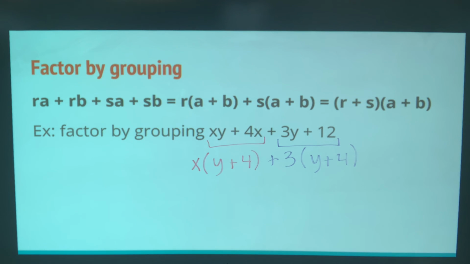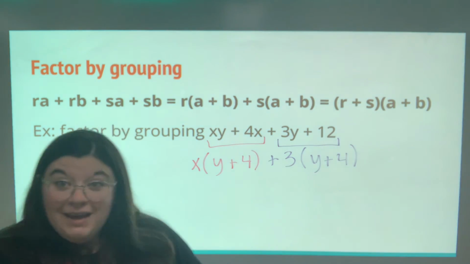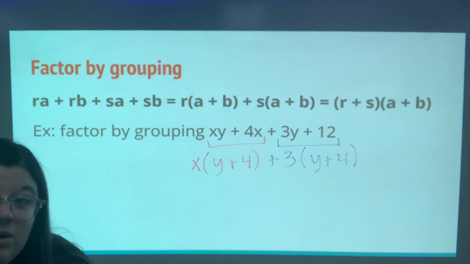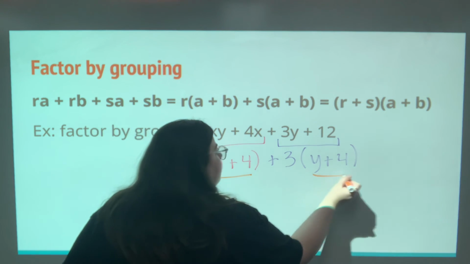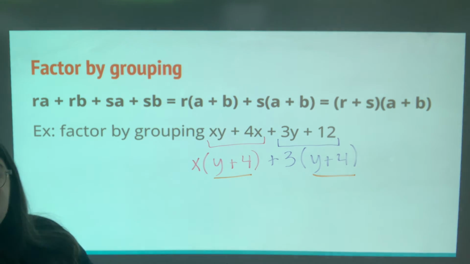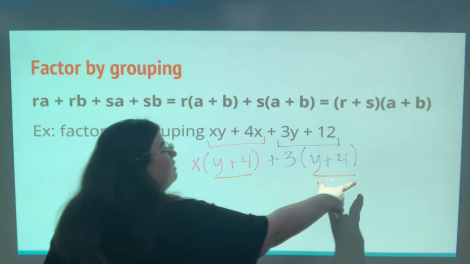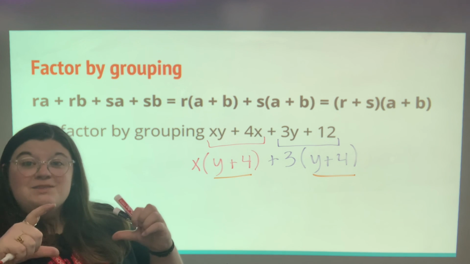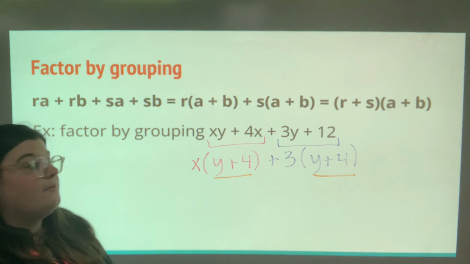Okay, now we'll pause, and say, hey, is there anything else that I could do? Yes. When we factored out the x and the 3, check it out. We were left with a (y plus 4) and a (y plus 4). We could continue to factor that out, right? I mean, it's two things being added together, but that sum is being multiplied to the x and the 3, so just factor that thing out.